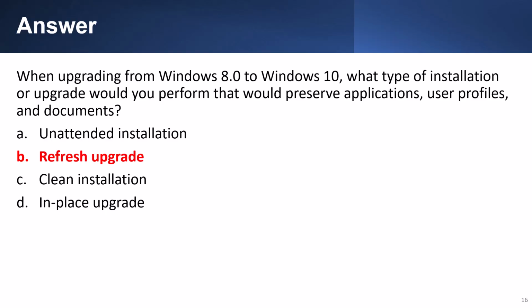Remember that you cannot upgrade directly from Windows 8.0 to Windows 10. Therefore, you'll need to upgrade from Windows 8.0 to Windows 8.1, then upgrade from Windows 8.1 to Windows 10. However, you can also do a refresh upgrade, which involves exporting user data and settings, then wiping the device before installing a fresh OS, reinstalling applications, and restoring the user's data and settings.